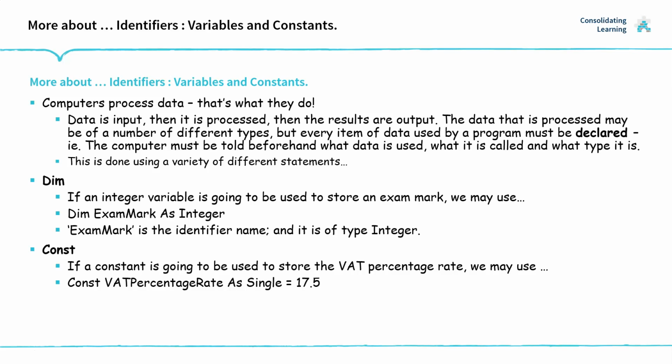This value will not change. Although when we go into the programming, we can change it in the actual hard programming, when it's running, it will not change. So we're setting a constant called VATPercentageRate. It's going to store a value as a Single data type, and it's going to store 17.5. That will stay the same.